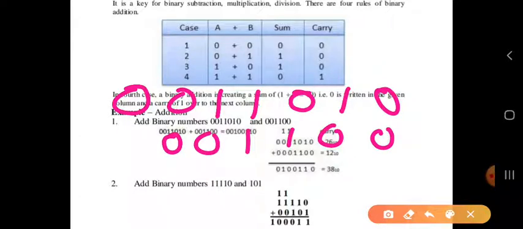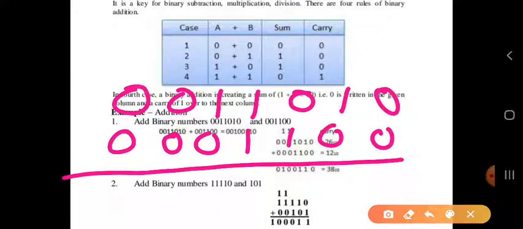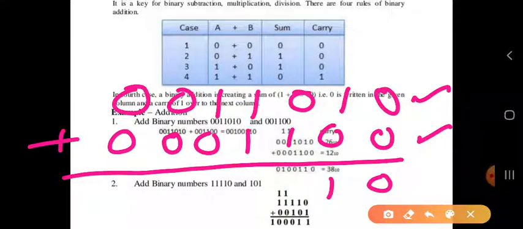Here 1 0 is less, you can add over here. Okay, now add it. When 0 is added with 0, it will give you a 0. When 1 is added to 0, it will give you 1. When 0 is added to 1, it will give you 1. But when 1 is added with 1, it gives you 0 and 1 will be carry.